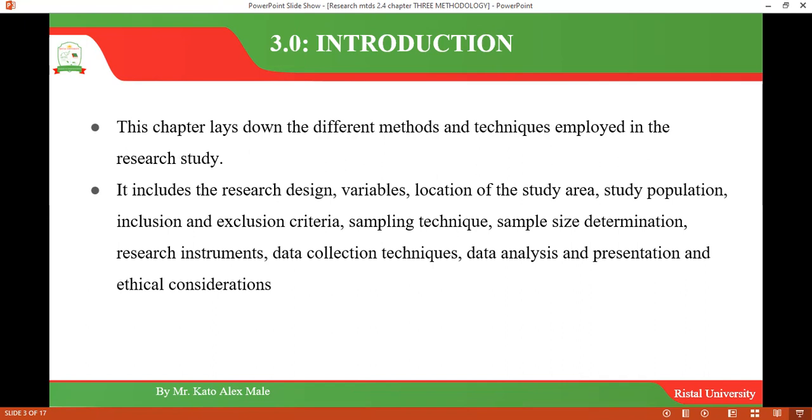The study population means inclusion and exclusion criteria. It includes the sampling techniques, the determination of sample size, research instruments, data collection techniques, data analysis and presentation, and then ethical consideration. What I've given here are the very steps that are listed on the previous slide under what I called objectives.